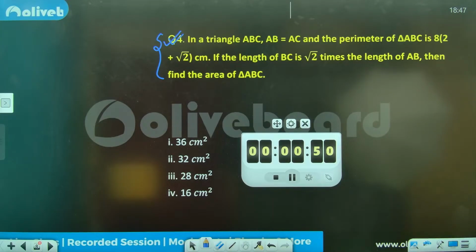Chalo, chalo, chalo. Answers, answers, answers.